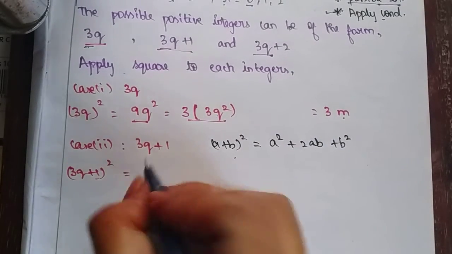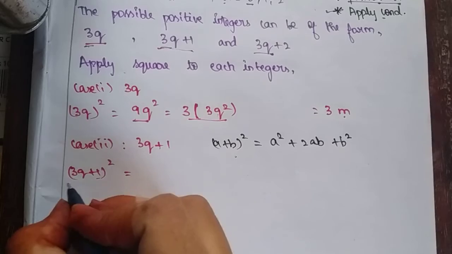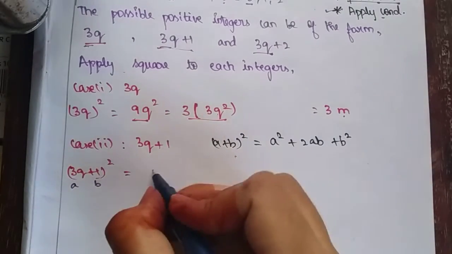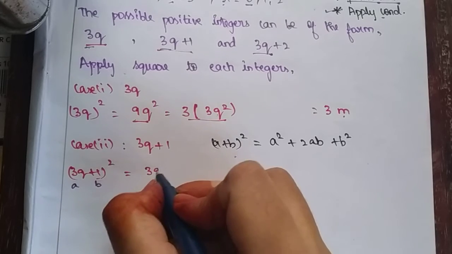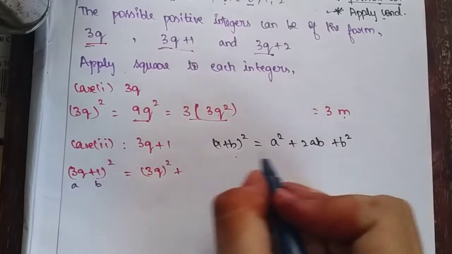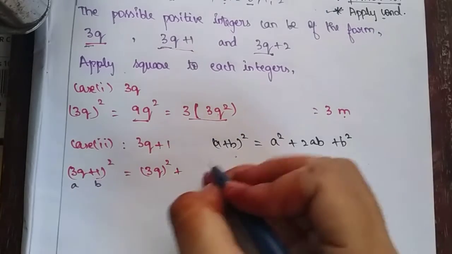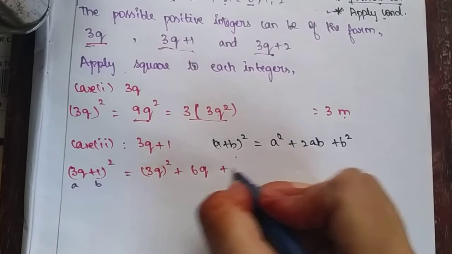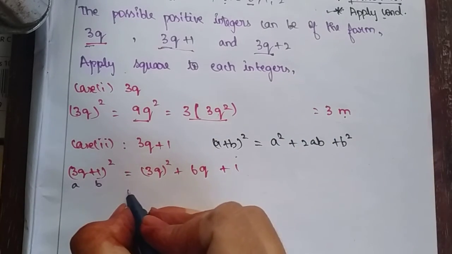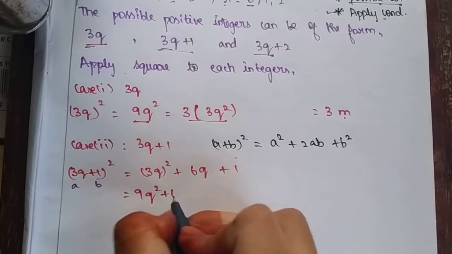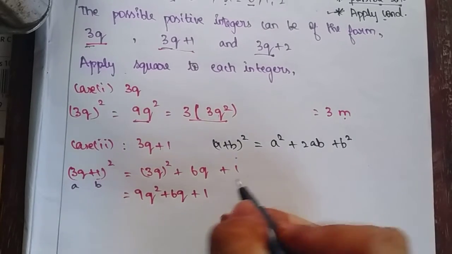In this term a is 3q and b is 1. So first is a square, 3q the whole square, plus 2ab, which is 6q, plus 1. So we get 9q square plus 6q plus 1.